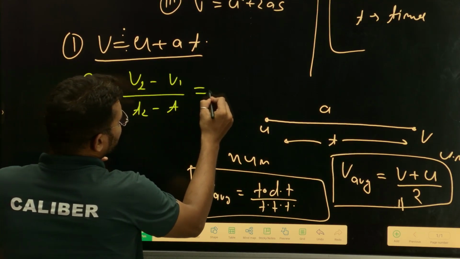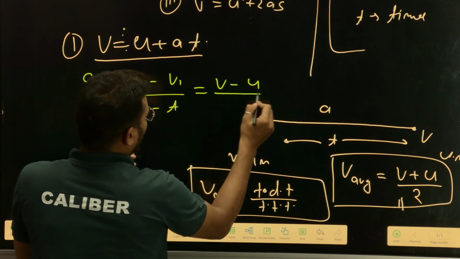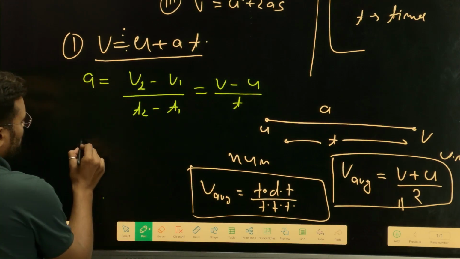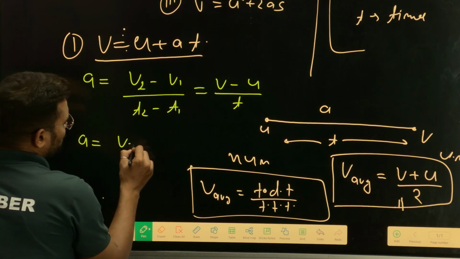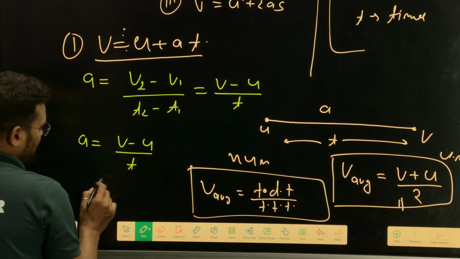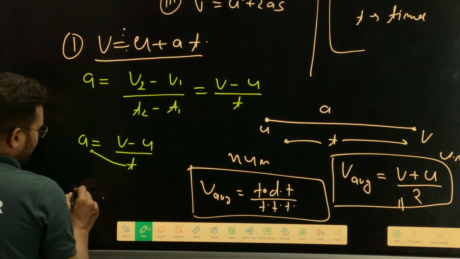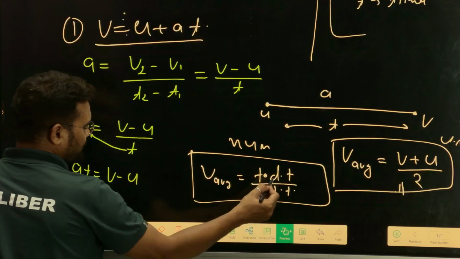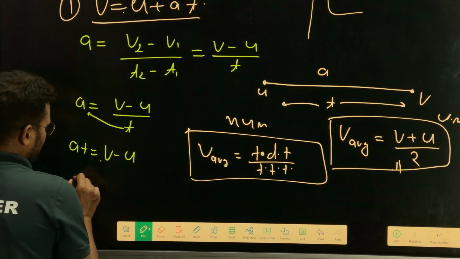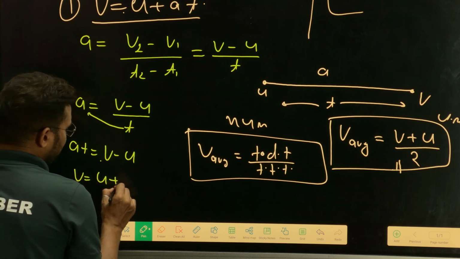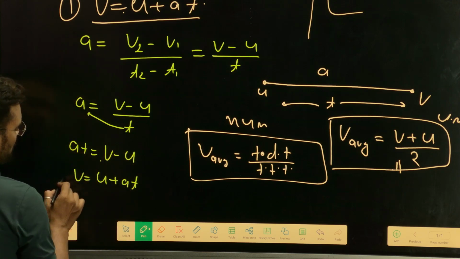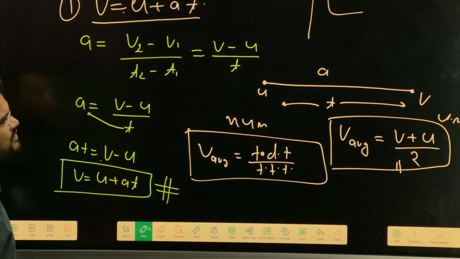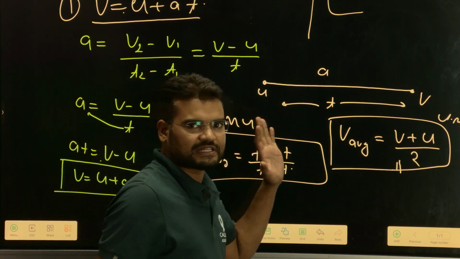We will write V minus U upon the time interval, which is T. So A is equal to V minus U upon T. We will shift this T on this side, so we write AT is equal to V minus U, and V is equal to U plus AT. We shift this U to the LHS and we can write this equation. Hence, it is proved.